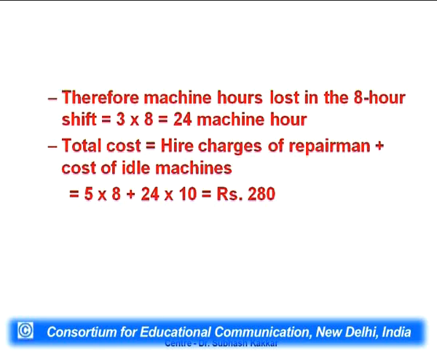So, total is 280, the amount which we will have to spend when we hire a slow repairman. Now, let us see what happens when we hire a fast repairman.